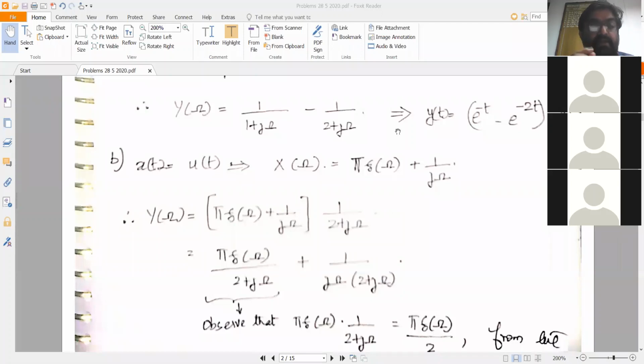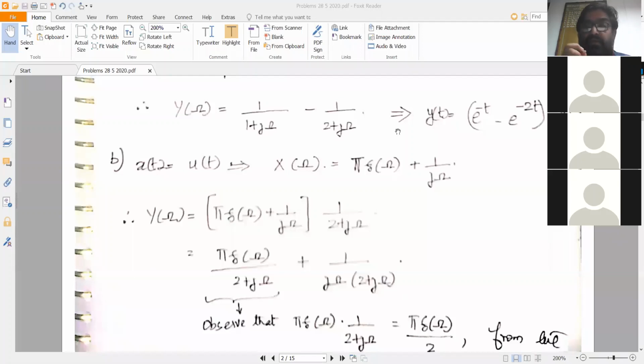I will repeat that again. If the impulse response of the system is a unit step function, then its frequency response is pi delta omega plus 1 by j omega. Which means there is a component at delta omega, that's omega equal to 0, with an area equal to pi. So pi delta omega will mean you have an impulse at omega equal to 0 with an area equal to pi.